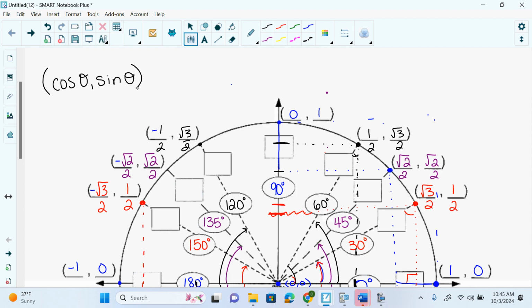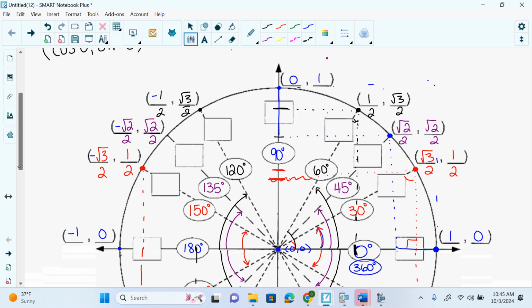Yeah? Put in cos of 150. Type it in. What's the answer? Negative 0.866. If I go to cos of 150, that's negative root 3 over 2. Same answer, is it not? That's the exact value of it. Do we agree? Okay, cool.